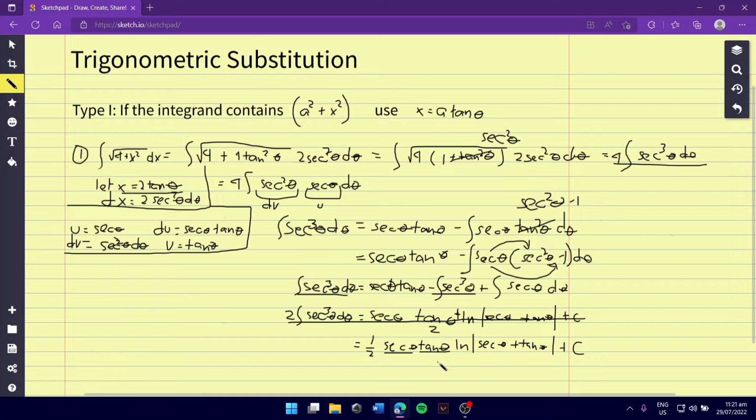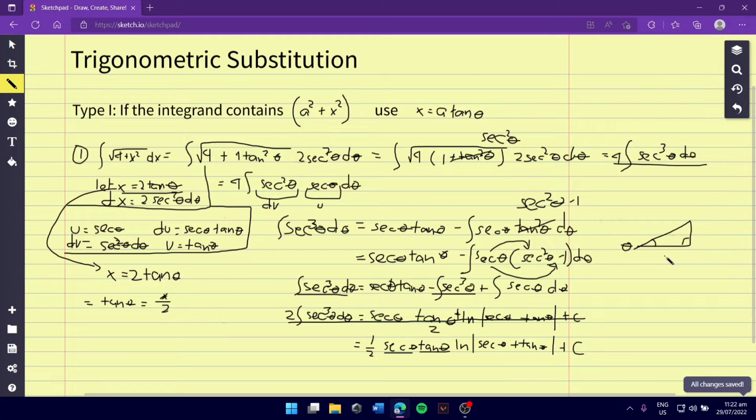So for solving the tangent of theta, we have here x equals 2 tangent of theta. Alright, when we solve for tangent of theta, tangent of theta will be equal to x over 2, right? And then solving for the secant theta, first we have here our triangle. So this is our angle, and this is your hypotenuse.